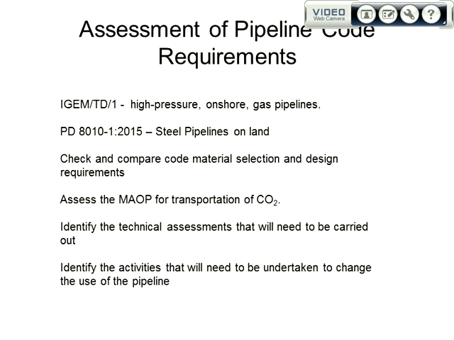What you can't do is assume that the MAOP will be 75 bar simply because that's what it was historically. Then there'll be a number of technical assessments that need to be carried out because you're changing the substance. So you've got to identify what those technical assessments are, and then identify the activities that will need to be undertaken to change the use of the pipeline.